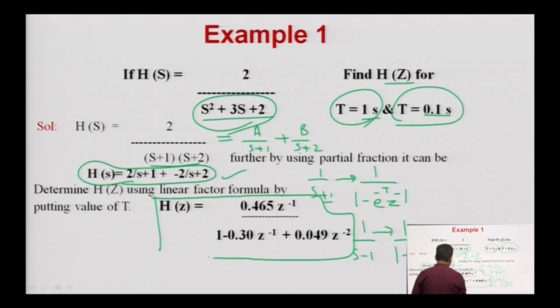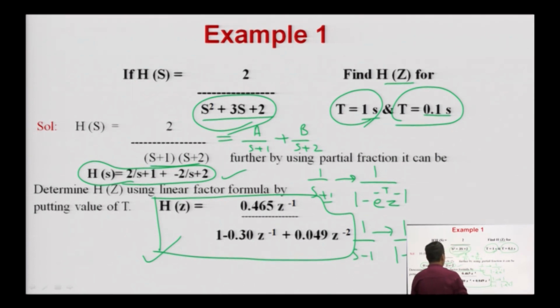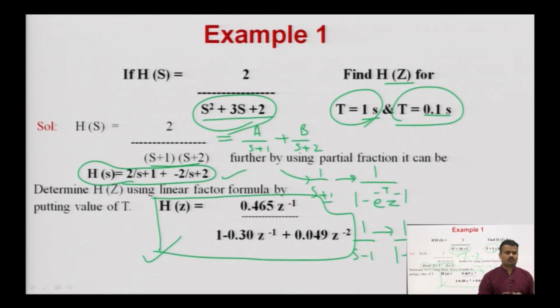So, if you convert this into its linear factors, it will be so easy for solving. That is why I am telling you, always try to convert into linear factors. It will be very easy, but if it is not possible, then you cannot do anything, you have to solve in another way. Okay. I hope it is clear.